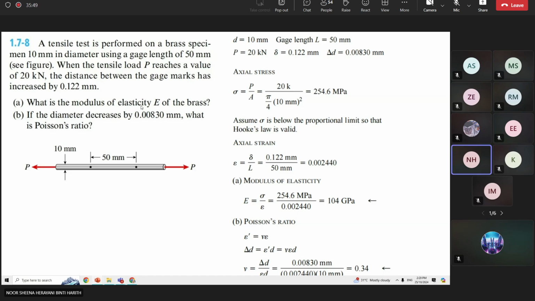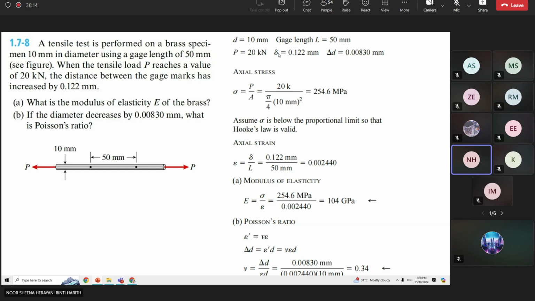So what is the modulus of elasticity E of the brass? Alright, so this is all the parameters. Normally you just take out all the parameters and then calculate the modulus of elasticity. First of all, you already have the loading.